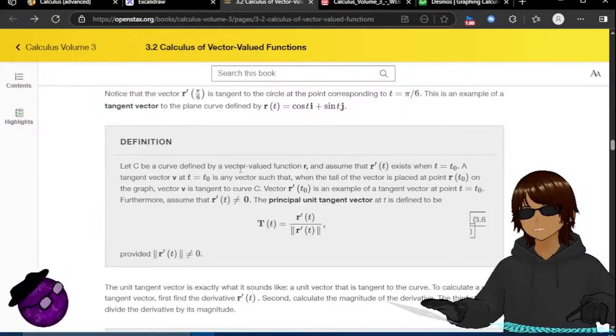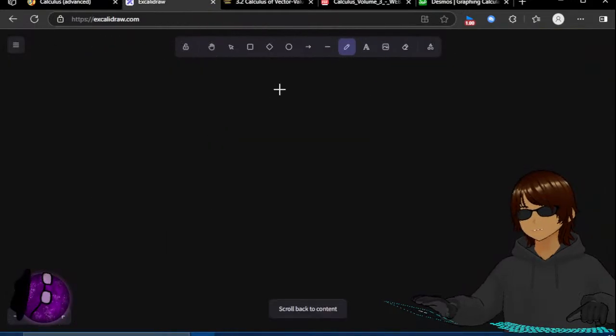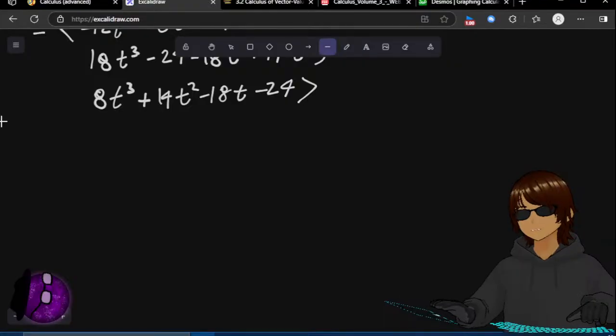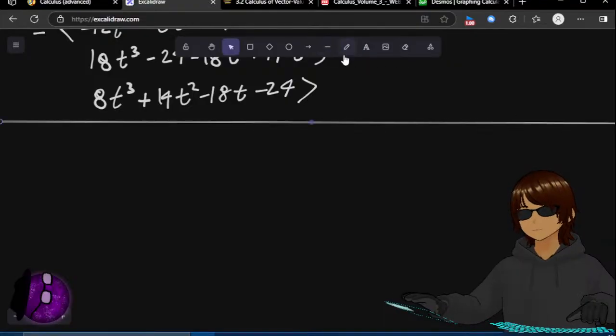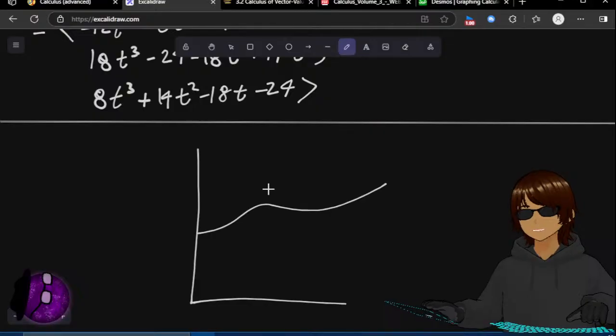Let C be a curve defined by the vector valued function r and assume that the derivative of r exists when t is t naught. A tangent vector v at t naught. Okay, wait. So we have some vector valued function, and then at t naught we assume that the function is defined over here.